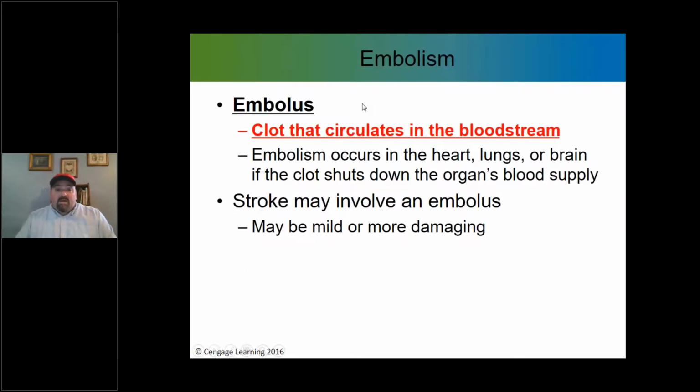Now, the term embolus. So we have a clot that starts circulating in the bloodstream, and when that embolus reaches an area where it's a very tiny vessel and it blocks the vessel, then what will happen is that, like we said with the example of a heart attack, myocardial infarction, earlier in the class, tissues distal to that blockage will die.